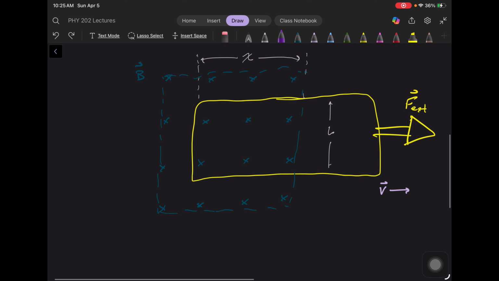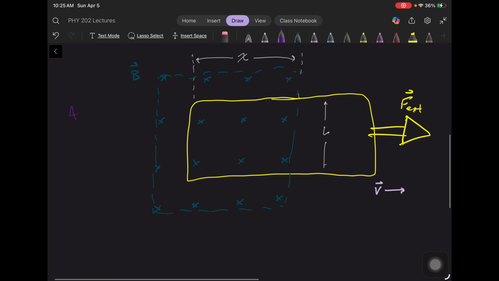All right, so let's write this down. As the loop leaves the field, the area through which we have flux decreases.